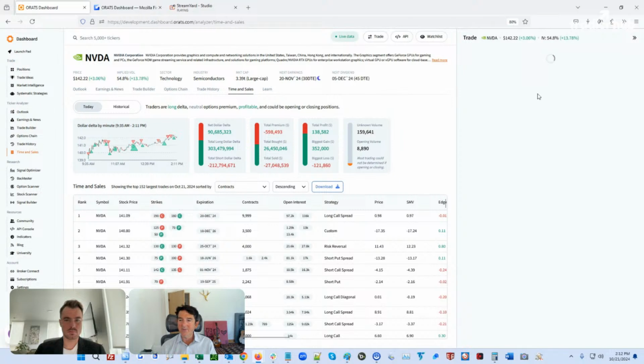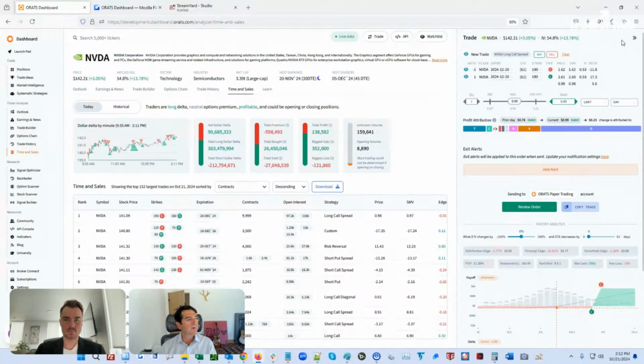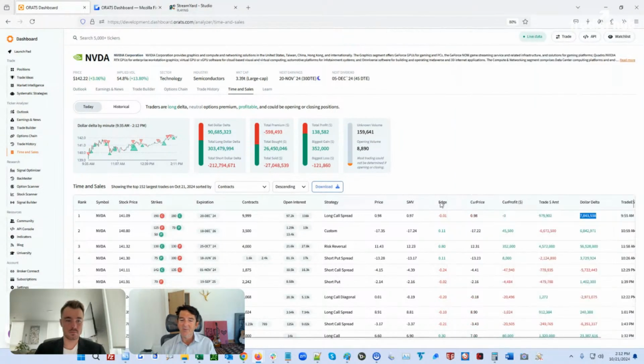Dollar delta just means the delta of the trade times the stock price. This is a long, way out of the money call spread that went up 10,000 times in December. That's a very bullish trade, and you can see it on the graph. The big green correlates to the big green in the dollar delta. There's another one probably here.